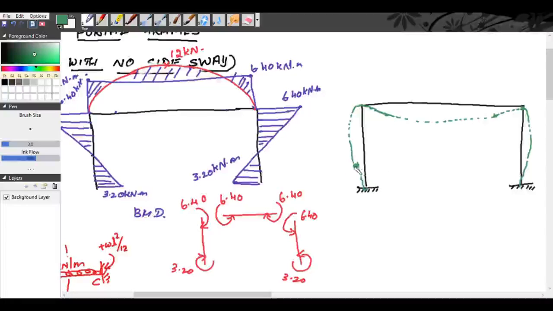There will be a point of contraflexure at this point. So this is our deflection diagram.